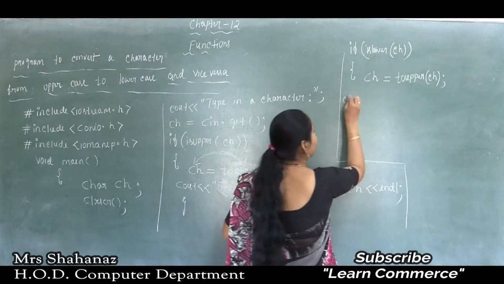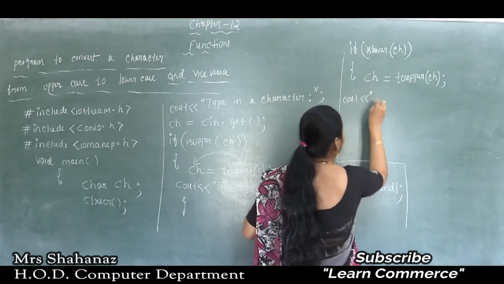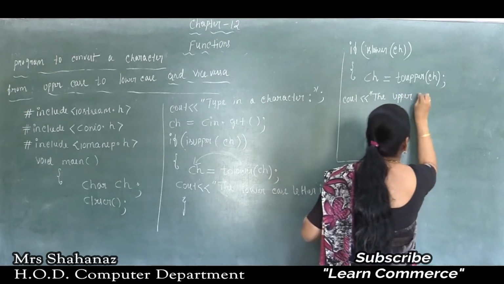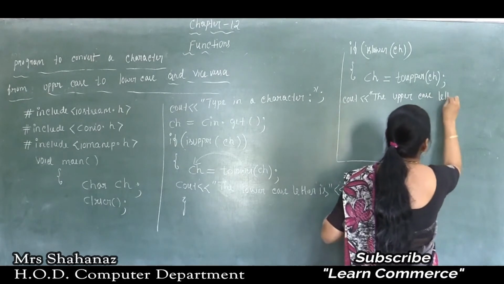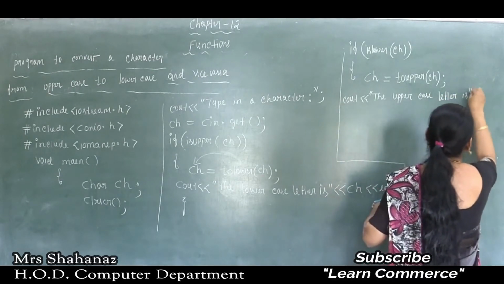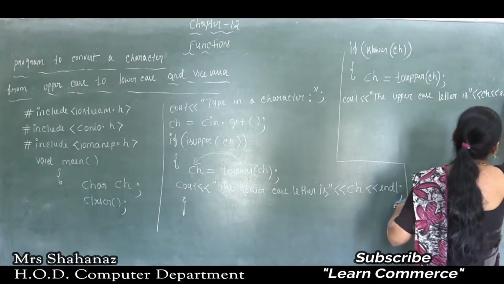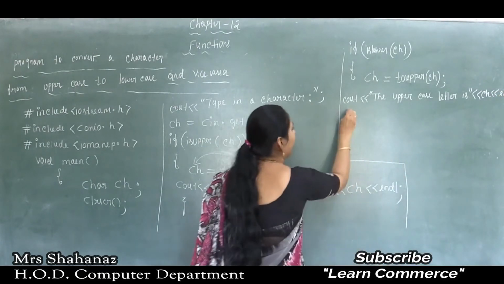And later displaying the message, that means the uppercase letter is ch. Okay, the uppercase letter is ch, using endl, and later we need to close the flower bracket.